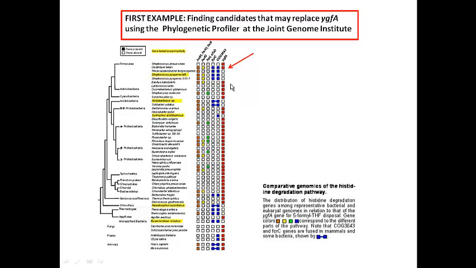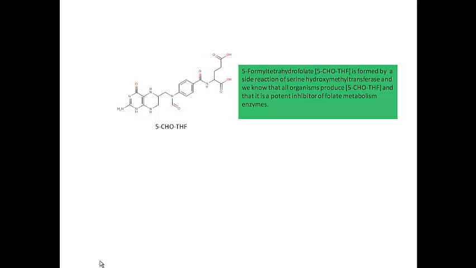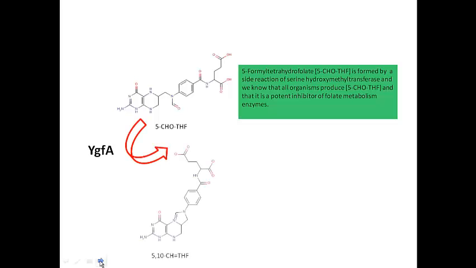This enzyme here, YGFA, this enzyme is required to dispose of a toxic product of folate metabolism, let's call it that. That product is formed by all organisms, so all organisms have the problem of getting rid of this toxic folate product. Therefore, it's a pathway that's everywhere.